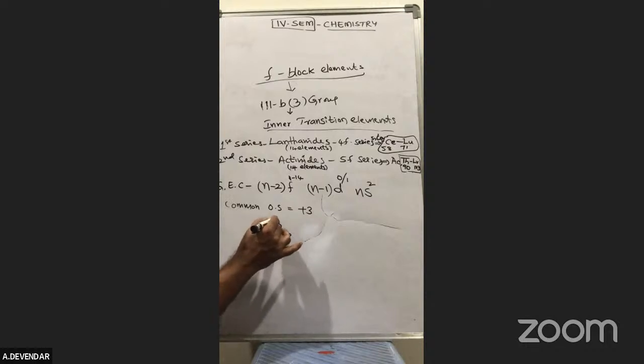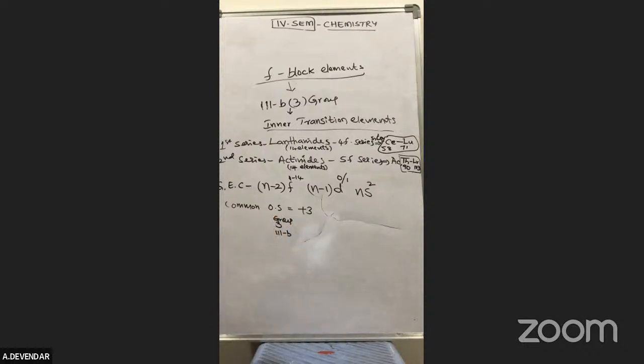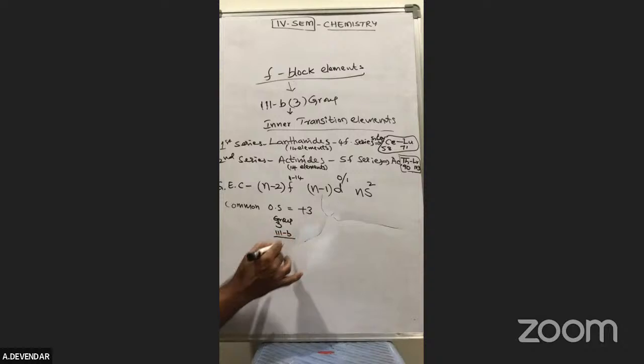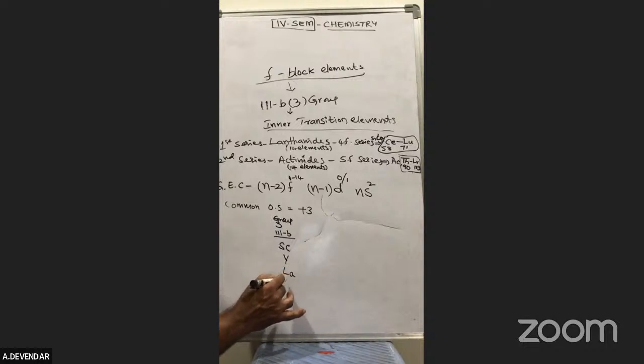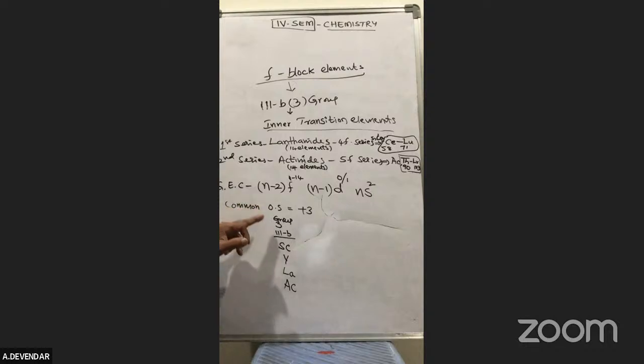That means the f block elements belong to the third group only. This third group comes from scandium, yttrium, lanthanum, actinium. This is the third B group element.